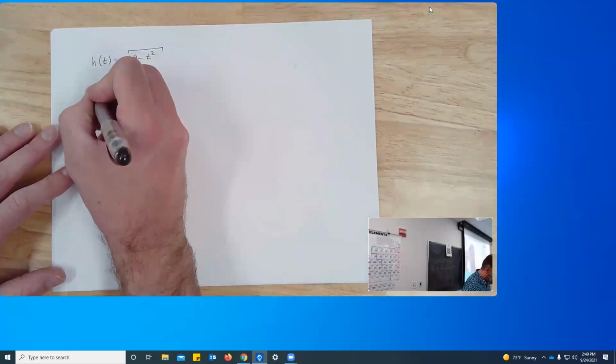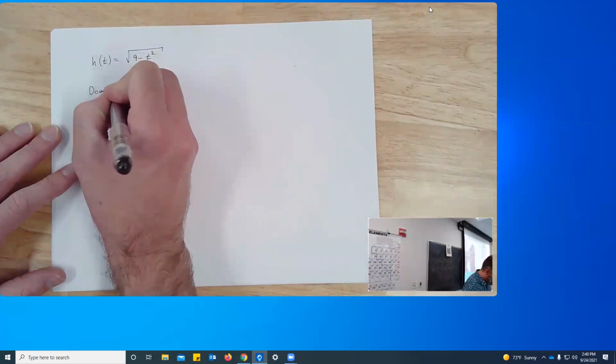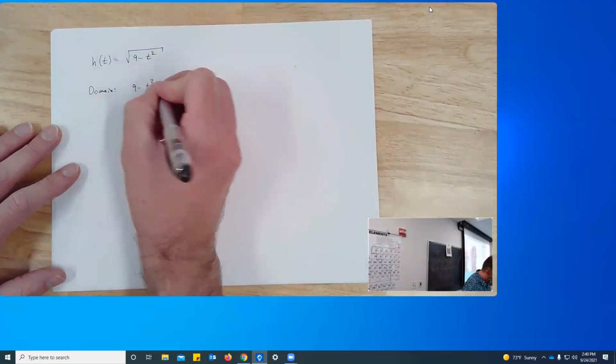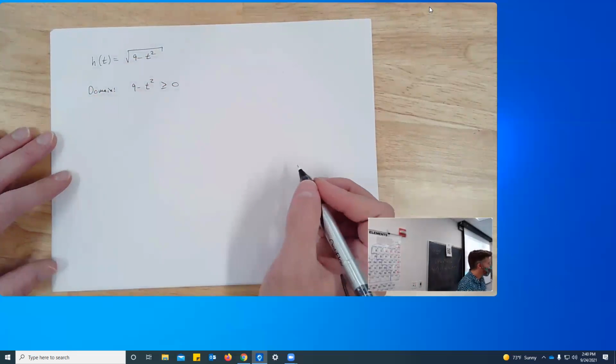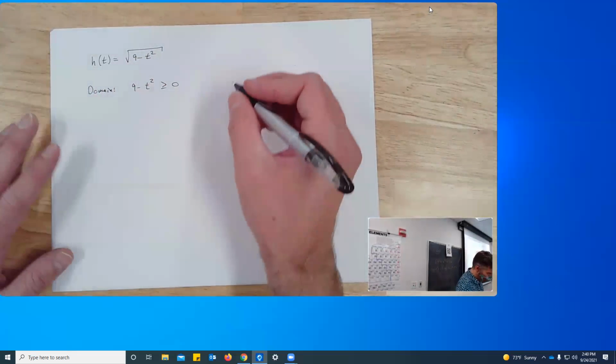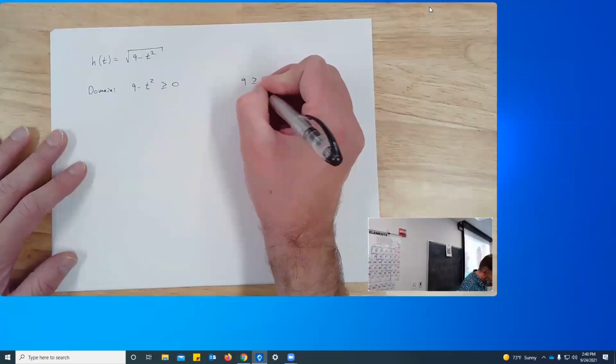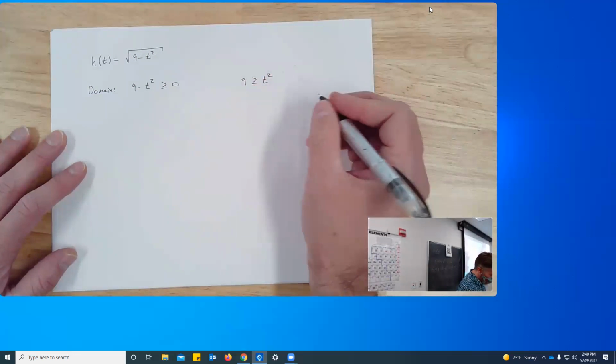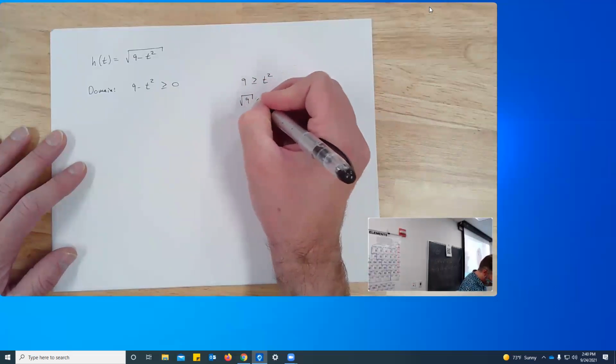So here, for the domain, we're going to be setting the insides to be greater than or equal to 0. You could, if you wanted to, isolate t squared here, but it's a little dicey. You could say, okay, 9 is greater than or equal to t squared. Take the square root of both sides.